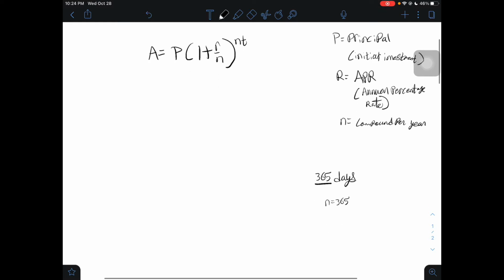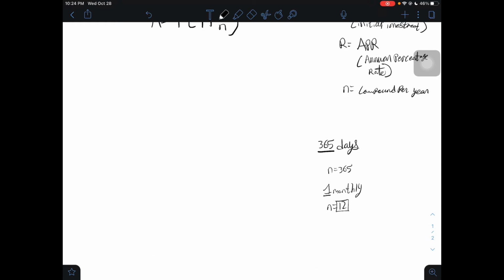Another scenario is if it's compounded monthly. Now we have to think about how many months there are in a year, and 1 year has 12 months, right? So N equals 12, the number of times per year. Finally, another example is annually. That means once per year, so N would equal 1.